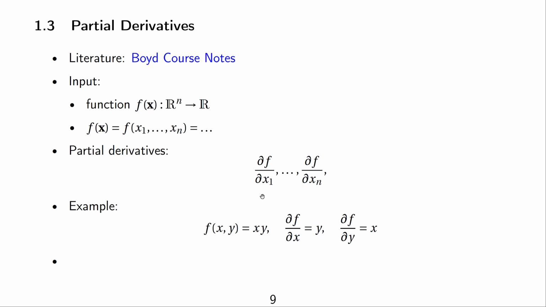So the example here is almost too simple, but we have f of two variables, x and y, so these are both scalars, and it's defined as x times y. So df dx equals y, and df dy equals x.